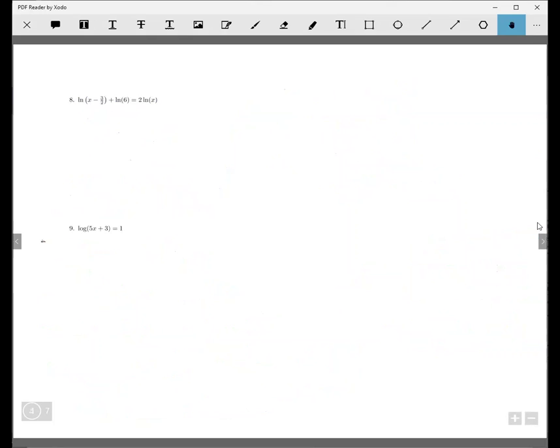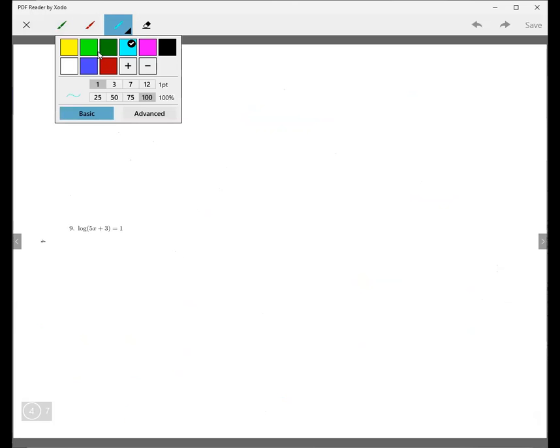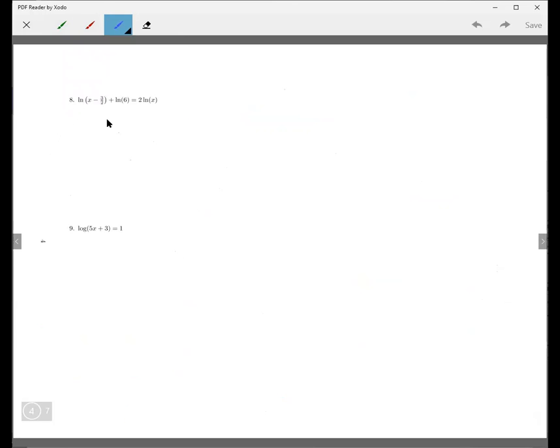Okay, great. Okay, so now we have logarithmic equations. And here, again, what you want to do is combine and isolate the logarithms. So here we have a sum of 2 logarithms. That's not good.